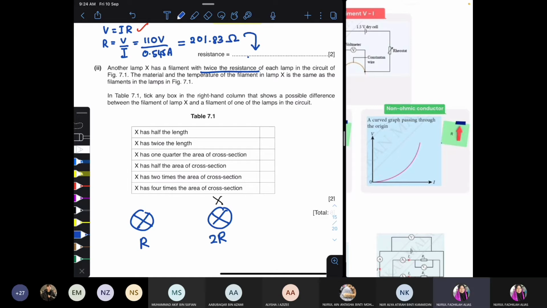Okay, dia kata tick any box that shows possible difference. Possible difference between the filament X and just now. Ada beza tak antara these two? Ada. So the first one is the X has twice the length. Maybe. Betul ke tak? Maybe kan?